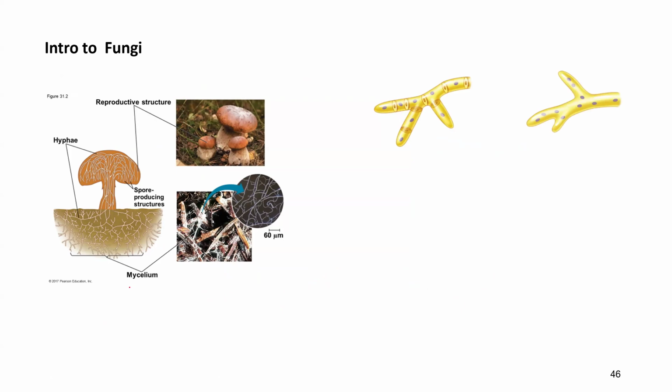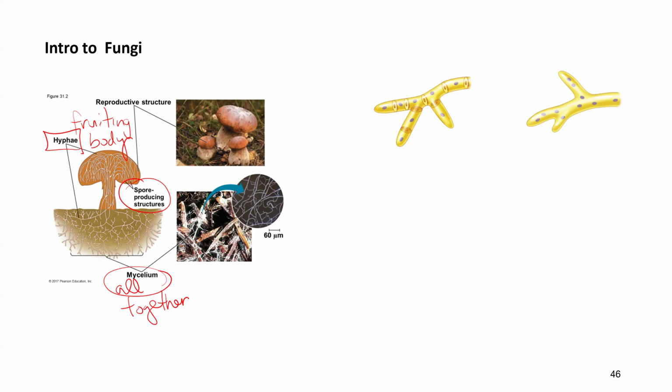The mycelium are the filaments that exist below ground. And this is a fruiting body. This is the structure that's above ground that produces spores. Now, an individual fiber is called a hypha. If you put all of them together, it's a mycelium.